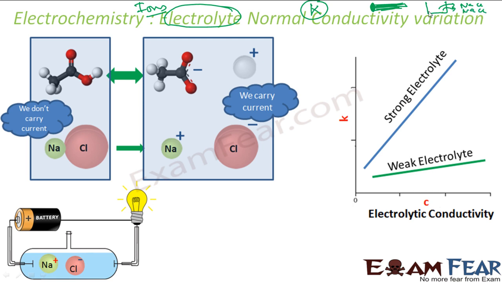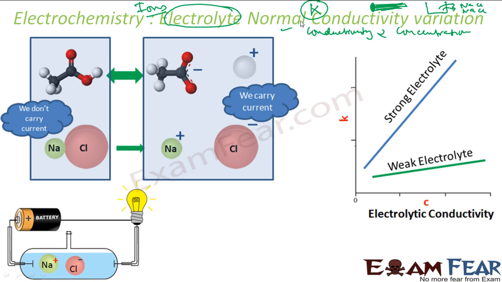You'll see that the more you add NaCl, that is my common salt, the more conductive the solution is. Why? Because you have more ions. It's a pretty straightforward answer. Thus you can say that the conductivity is directly proportional to concentration.